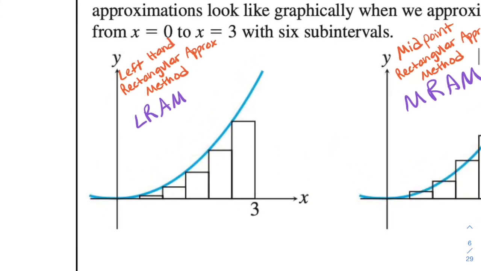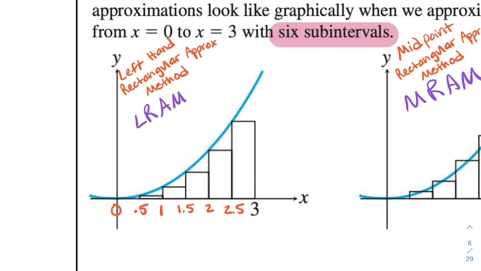So what they have here, and it looks like they broke it into what's called 6 equally spaced subintervals. So they did 0, 0.5, 1, 1.5, 2, and 2.5. What they did was they started at the left hand and they went to the right.